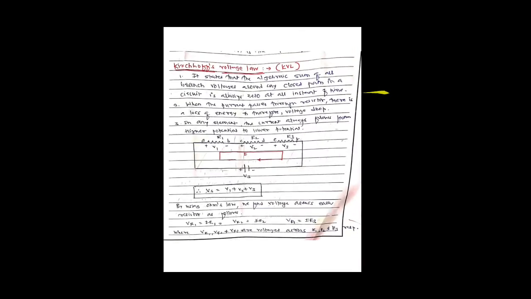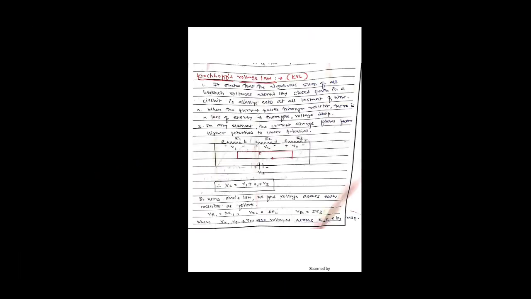So next one is Kirchhoff's voltage law. In short form, it is the KVL law. It is a very important law in network analysis. Let us see the statement of Kirchhoff's voltage law.